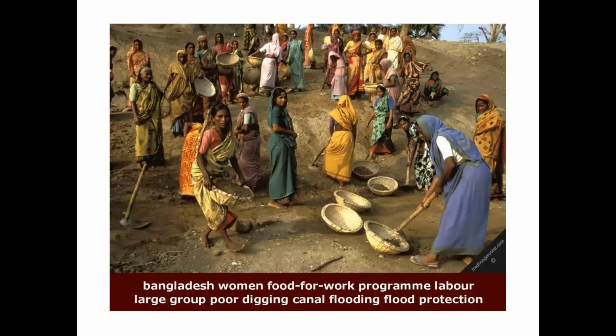The self-targeting mechanism reduced participation and cost to a minimum. The idea was to set the food ration so low that those otherwise earning enough wage or producing enough food to feed themselves would not be interested in the hard work involved.